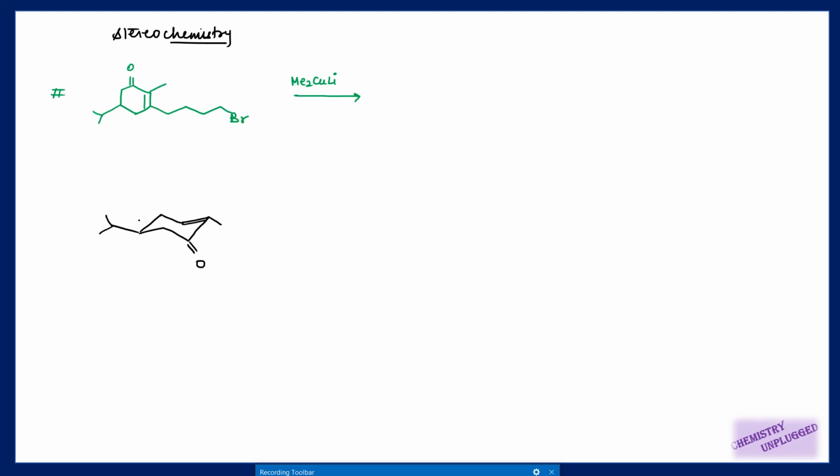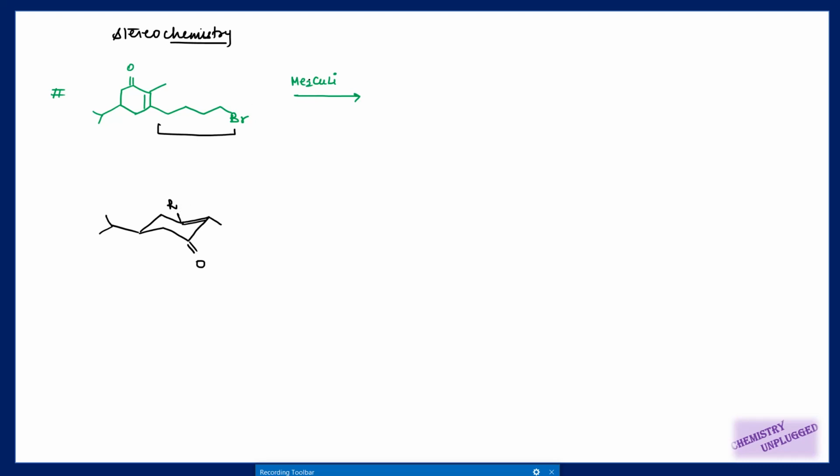Always remember that a starting compound always tries to occupy its most stable structure, and we know that it avoids axial interactions, so groups always occupy the equatorial position, right? We have the methyl group here, so it will occupy the equatorial position, and here we have this chain, which can be written as R, and it will also occupy the equatorial position, right?